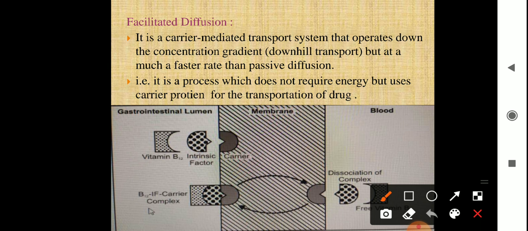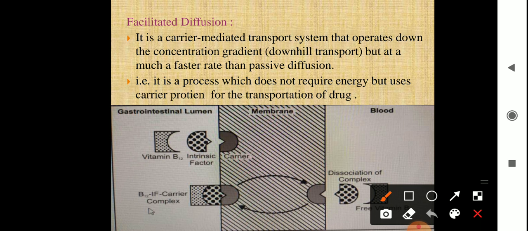It requires the carrier or mediator for the transport of the drug. It is a process which does not require energy, but uses the carrier for the transportation of the drug.